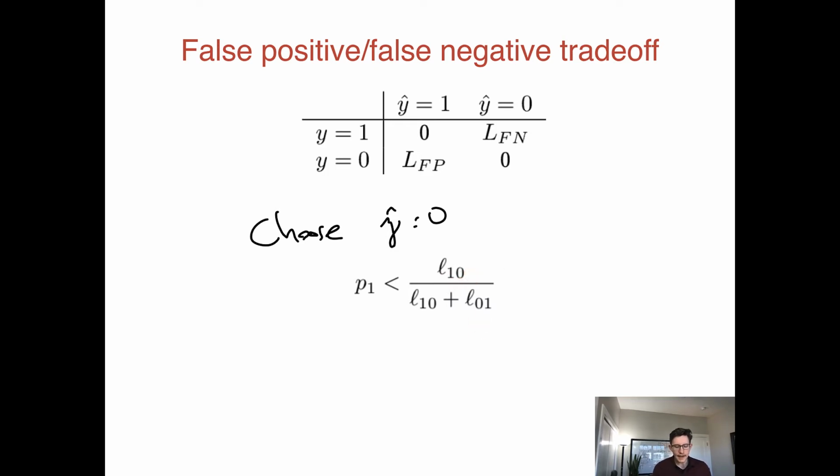So you can see that if these two values are equal, then it's half that wants to be our threshold. But if there's a much higher cost to predicting 1 when the true value is 0, then we're going to have a much higher threshold for making that prediction.